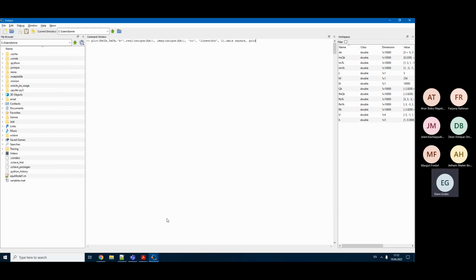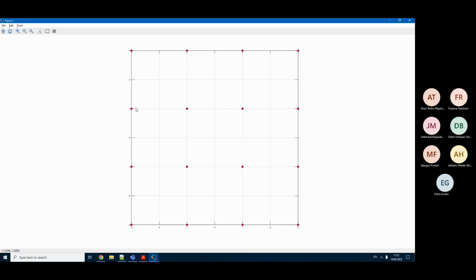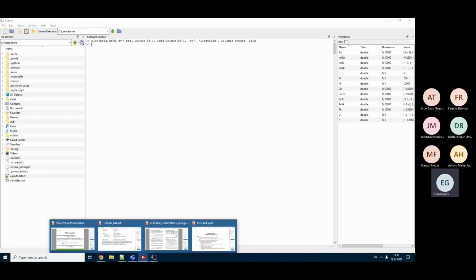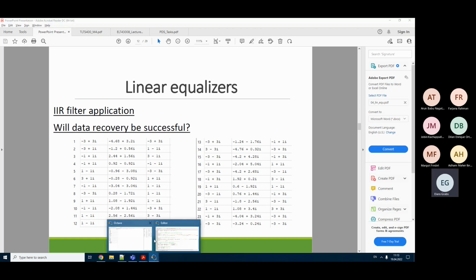Now we will have them concentrated in this particular point. So there are many points. So what we want to do now is to check out, are they really correctly received or are there any mismatches? So that's exactly what I was showing you in this lecture here. Yes, so we can actually display a similar thing.